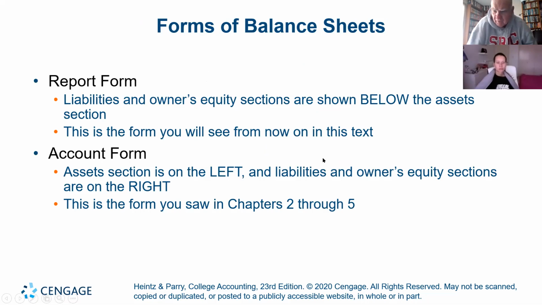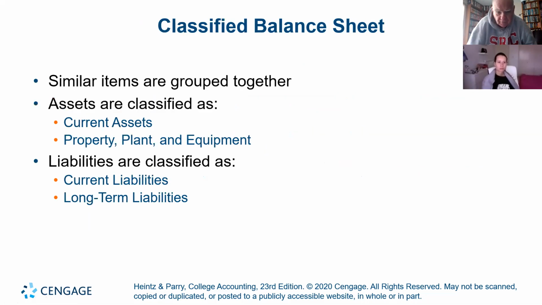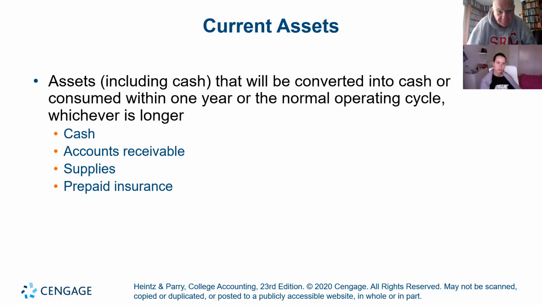There's all kinds of different ways to present the balance sheet, and we'll look at one here. This is important. Current assets come first. Now here, these are going to be in the order of your chart of accounts. That's a bit easier way to say it. That means your current assets, current liabilities come first, then the long-term items.